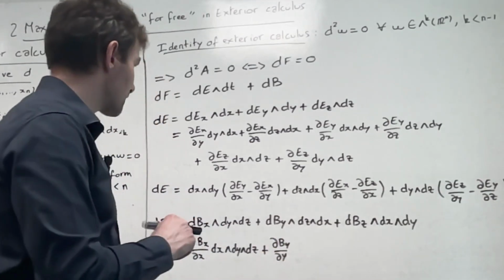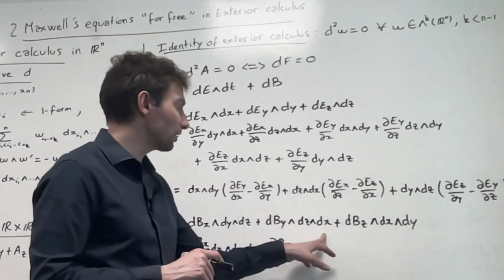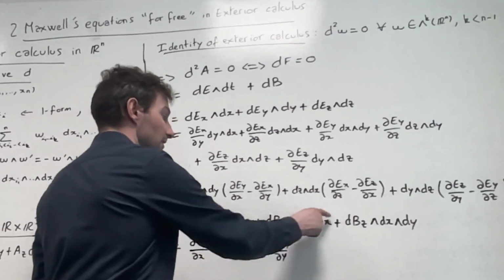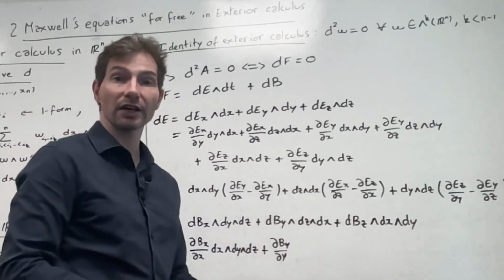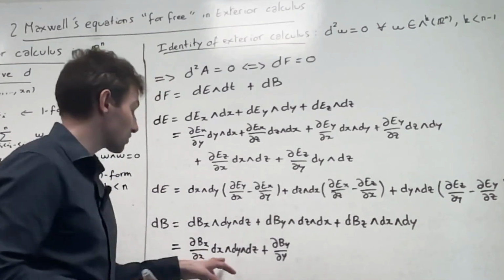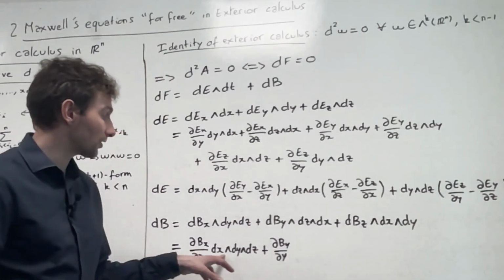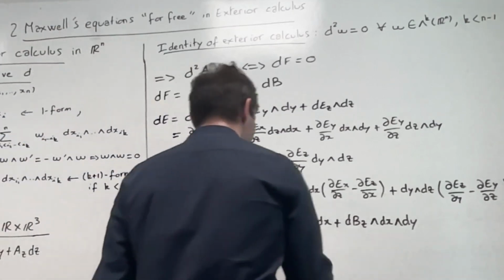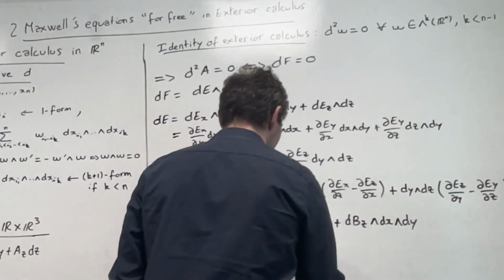What I'm going to do here is basically perform swaps between the dx, dz, and the dy to directly get the same volume element here, dx, dy, dz, the so-called volume form. It's just because otherwise it's going to take a bit too long.